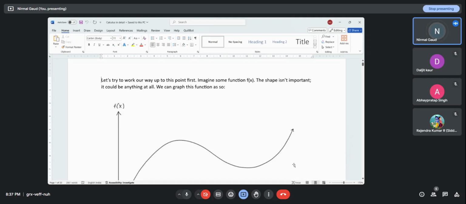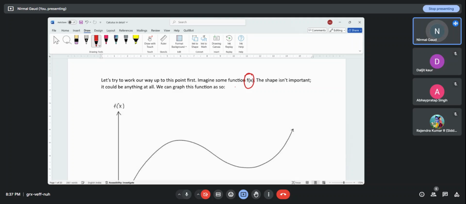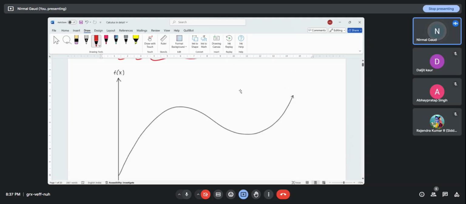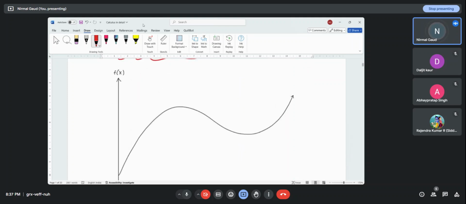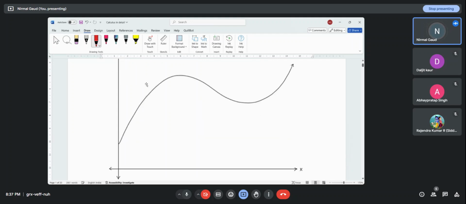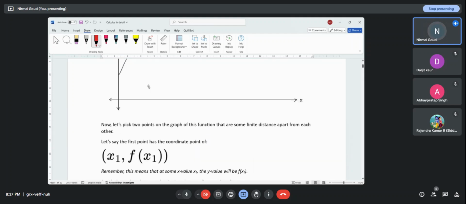We are having a function. And the shape isn't important. It could be anything. The shape of a function can be anything. So we are having f of x. So f of x we say y, and x is here. This is your x.